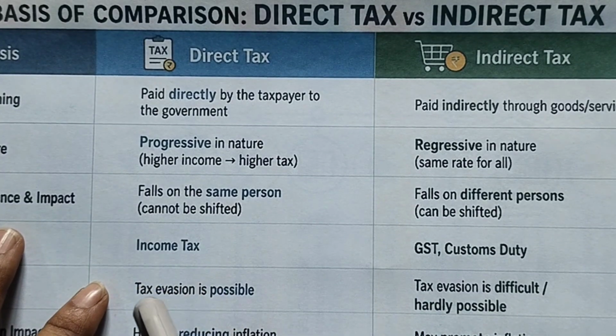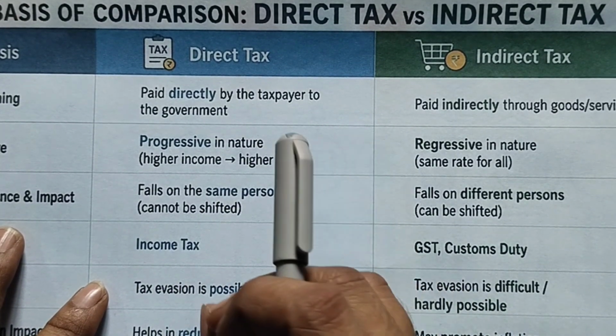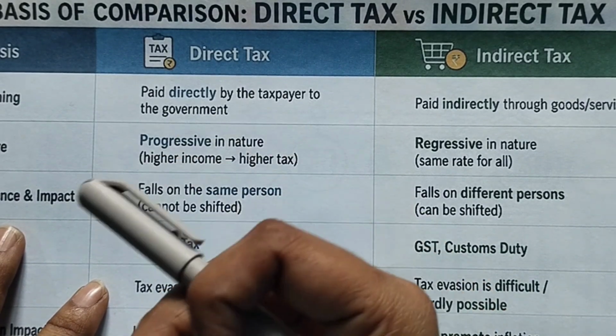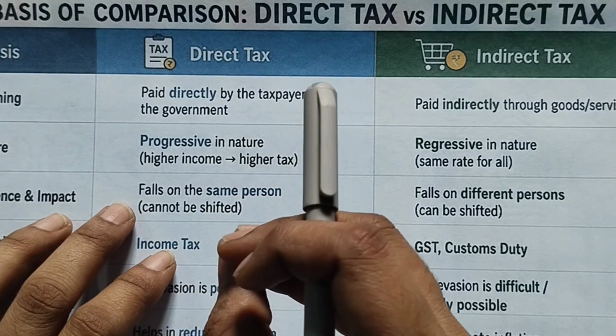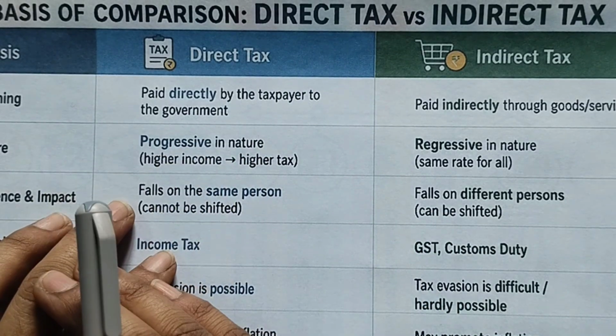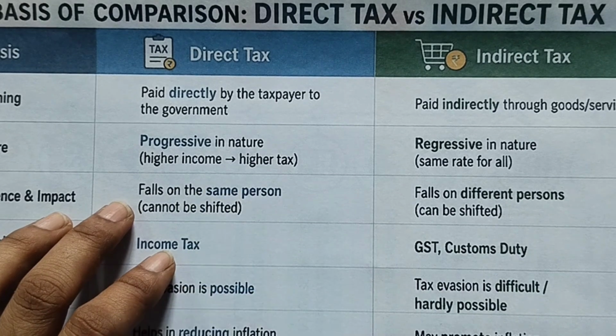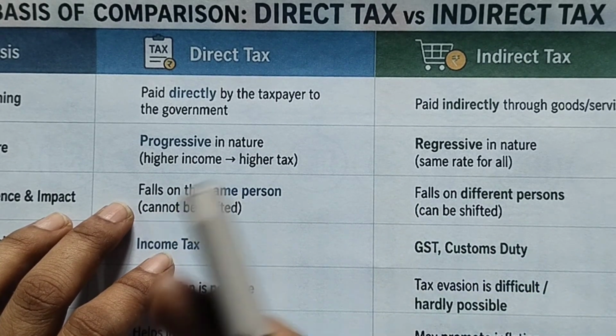Incidence and impact. Incidence and impact means here in the direct tax, if I am paying income tax on my income, see the incidence of tax, the burden of the tax falls on me only, right? But in the indirect tax, it will be shifted.